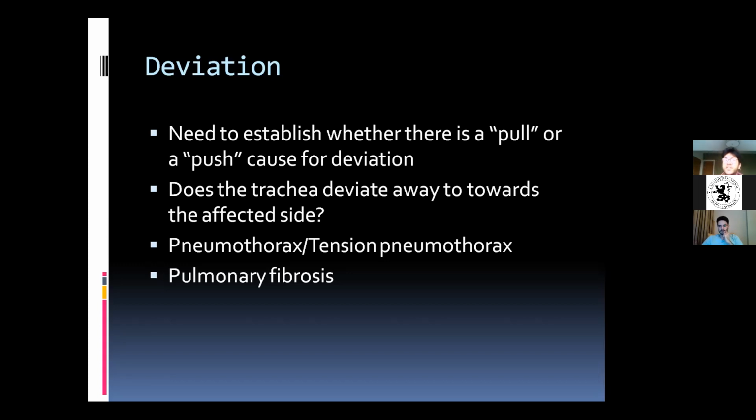So this is what I mean. There are these pull and push forces, and the deviation of the trachea will depend upon pressure predominantly in these pathologies. But I'm not saying the pressure is the only thing. You also have masses that come into play as well. So pressure and mass effects are the main causes of deviation of airways.